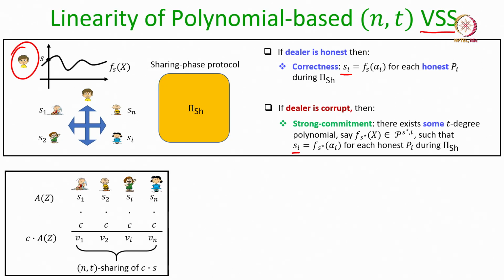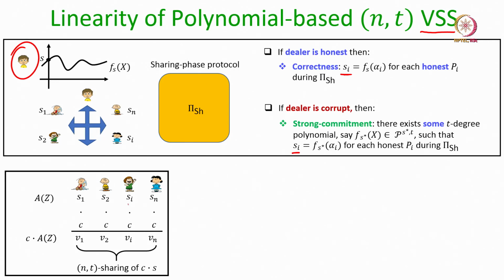So, now imagine there is some value s which is NT secret shared. When I say NT secret shared, it means that there exists some t degree polynomial whose constant term is that value which is shared, and every party has the value of that sharing polynomial at alpha i.